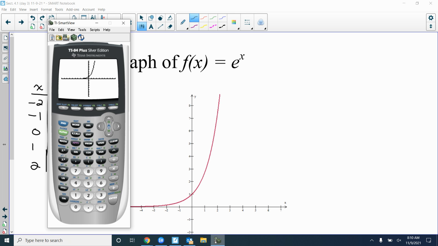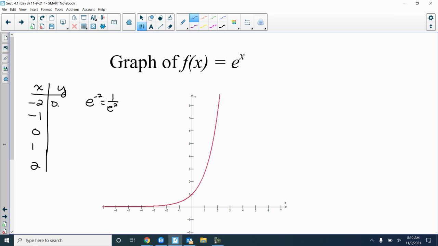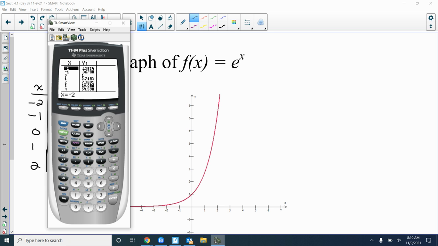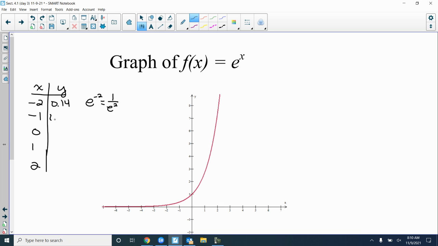If you take a look at your table, at -2, nearest hundredth is fine, I got 0.14. And then at -1, I got 0.37.